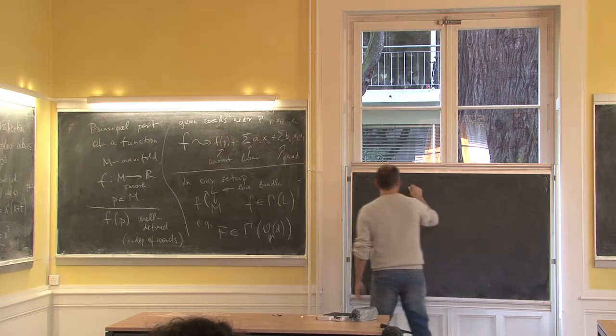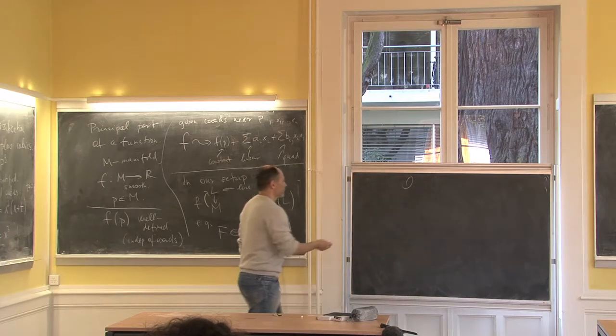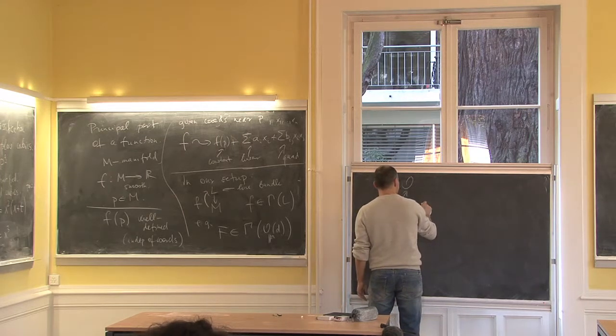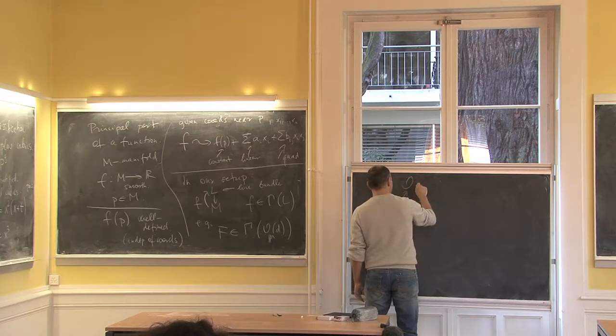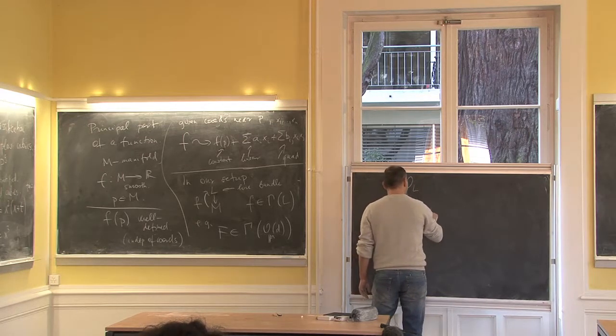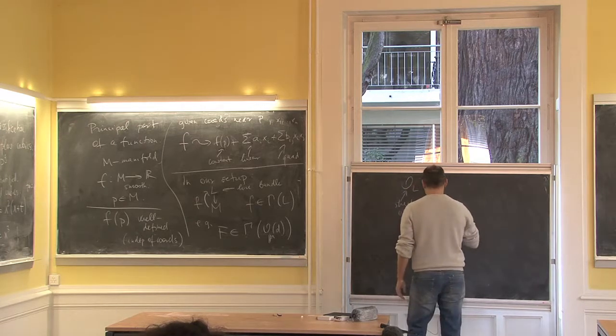You can take just O, which we think of as a sheaf of functions, or a sheaf of sections. Let's call this O of L. It's not a very good notation, but anyway.